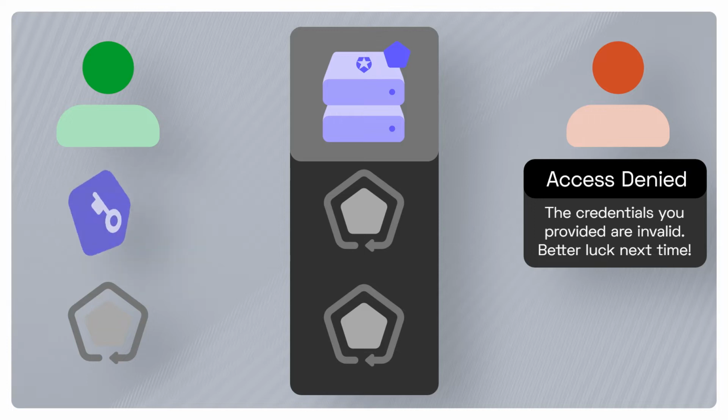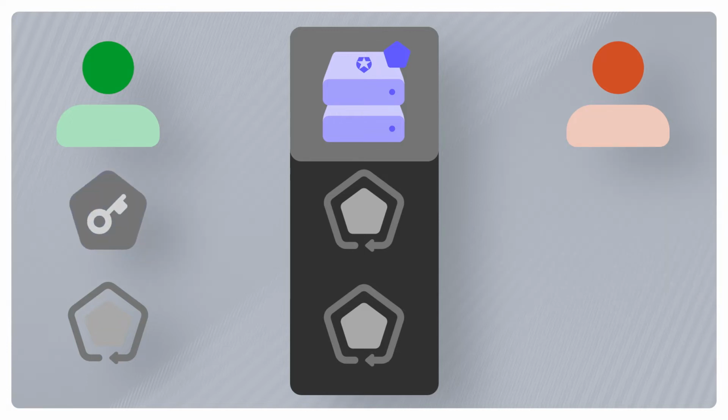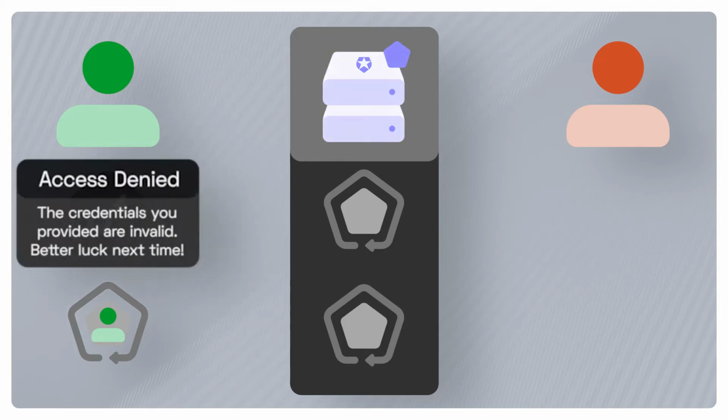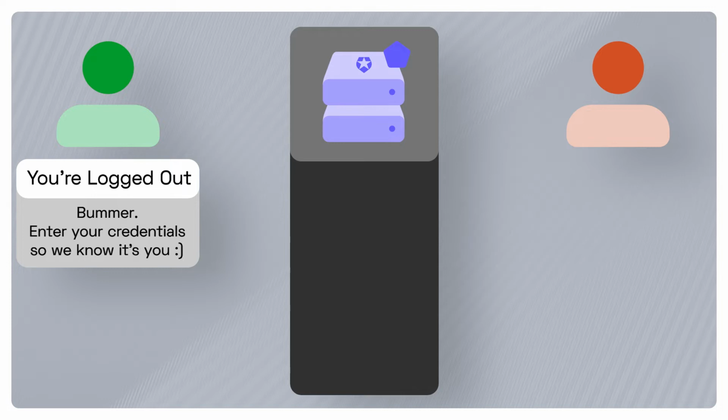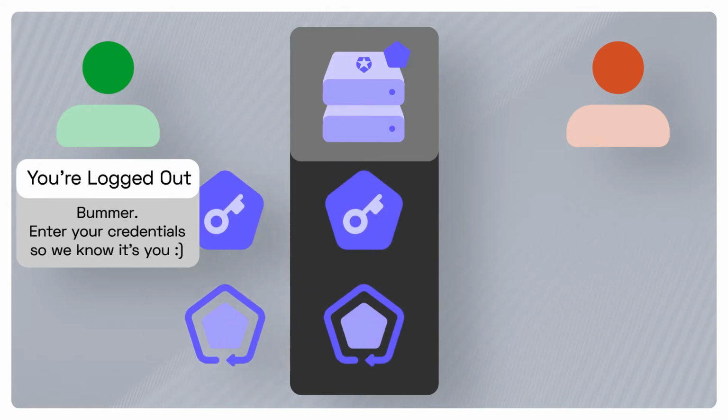Access token 2 expires, and then our legitimate user attempts to use refresh token 2 to request a new refresh access token pair. Then the Auth0 authorization server returns access denied to the legitimate user. Then the Auth0 authorization server requires re-authentication for the legitimate user to get a new access token and refresh token.